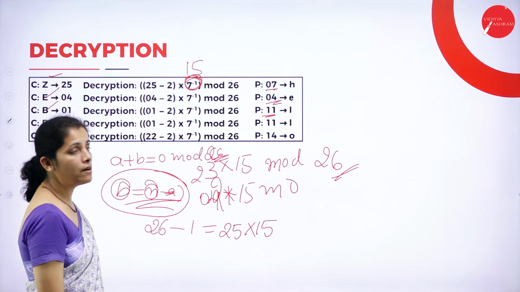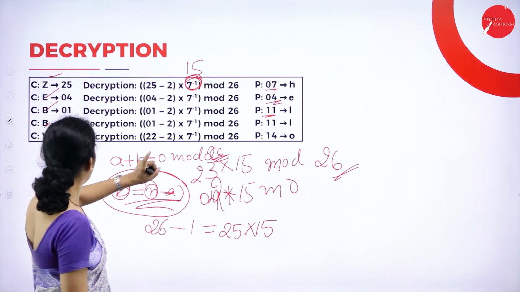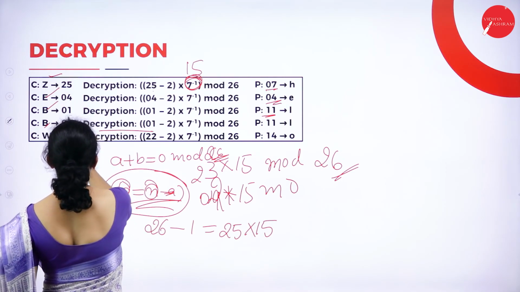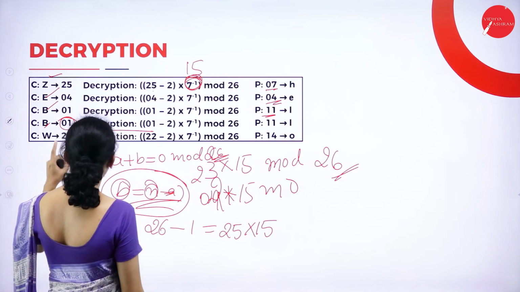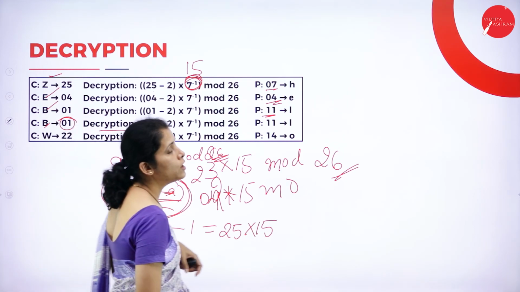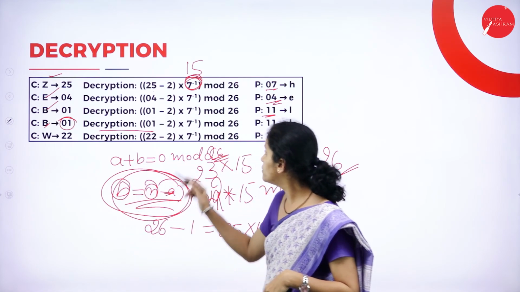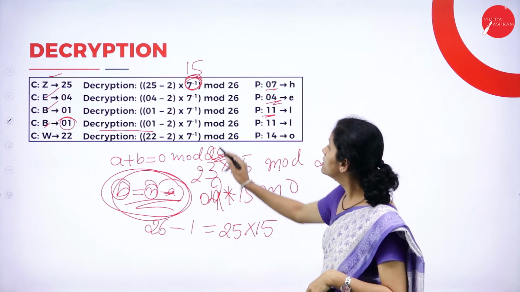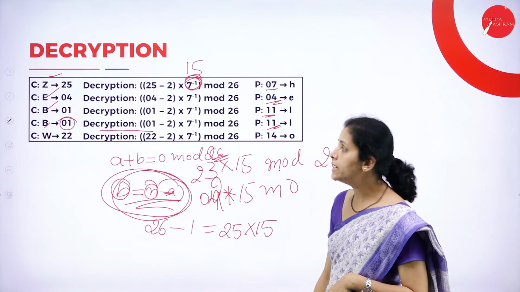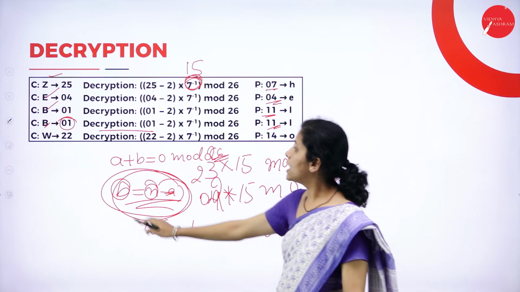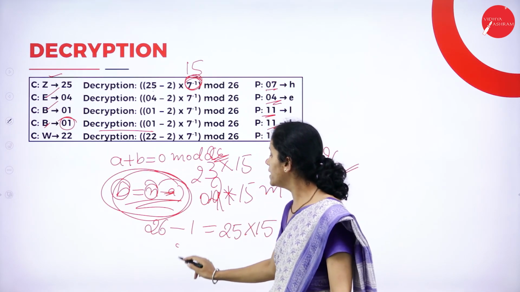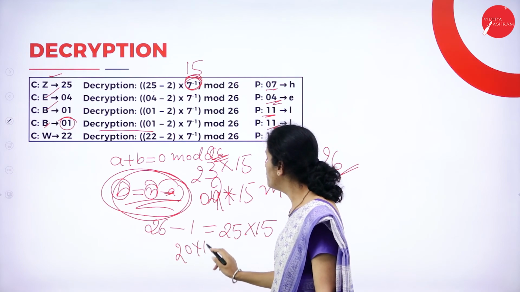In place of 11, I have L. For the next one also the same thing, because here I'm going to get 1. So the same method you need to follow and multiply with the value 15, then mod 26. Once again I'm going to get the value 11. Now see here, I have 27. 27 minus 2, it is 20 into 15.